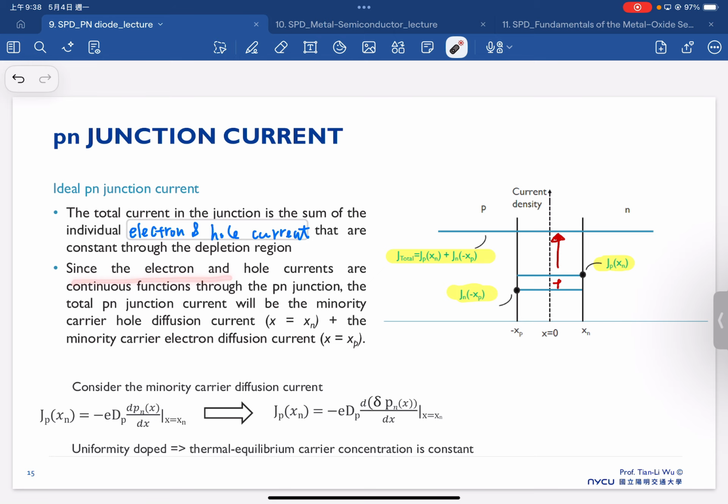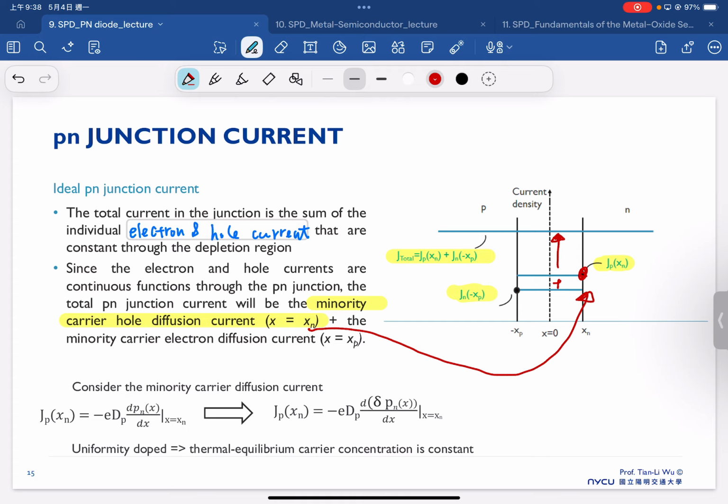Since the electron and hole currents are continuous functions through the PN junction, the total PN junction current will be the minority carrier hole diffusion current at x equal to xn, which is this one, plus the minority carrier electron diffusion current at x equal to xp, which is this one.